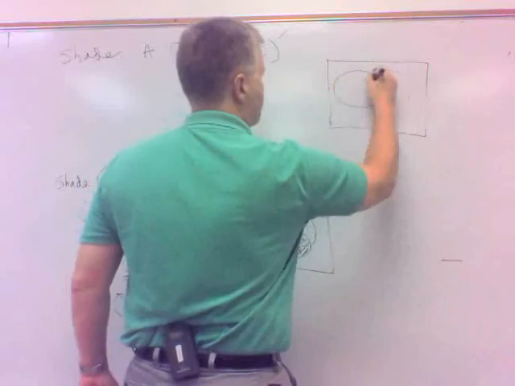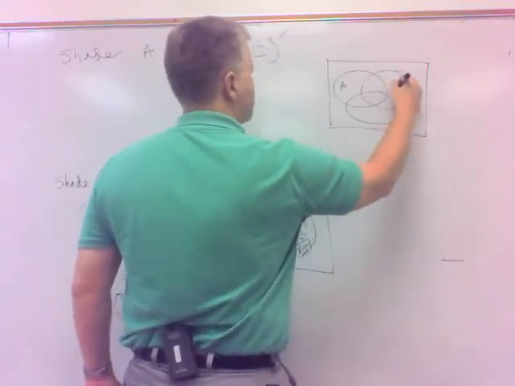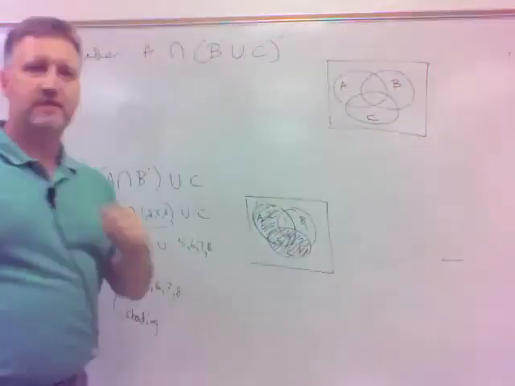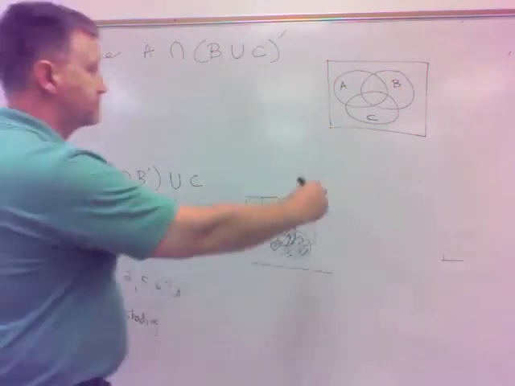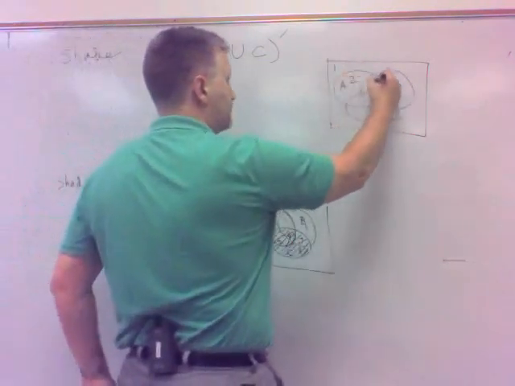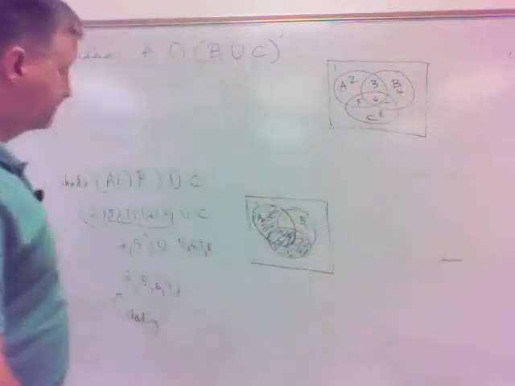A, B, and C. Parentheses first. So 1, 2, 3, 4, 5, 6, 7, 8, if you want to number them that way.